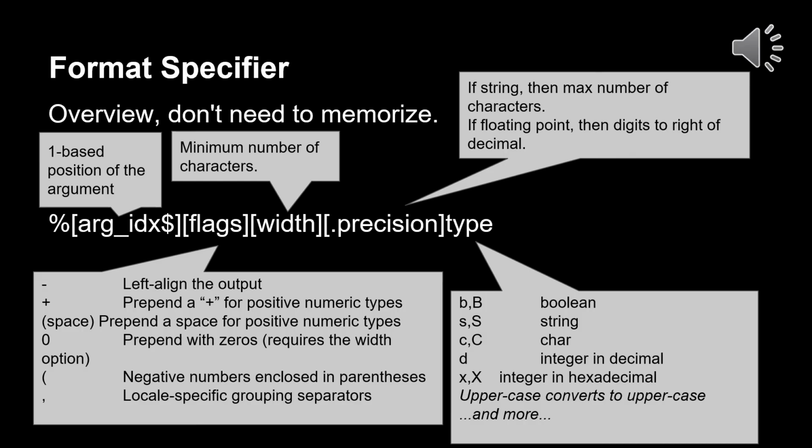And then there's different things: argument index, flags, width, precision, dot precision. These are all different optional things within a format specifier. I'm showing you the slide to say basically there's a lot of flexibility. This is its own little language for formatting output, but it's not something that you memorize.